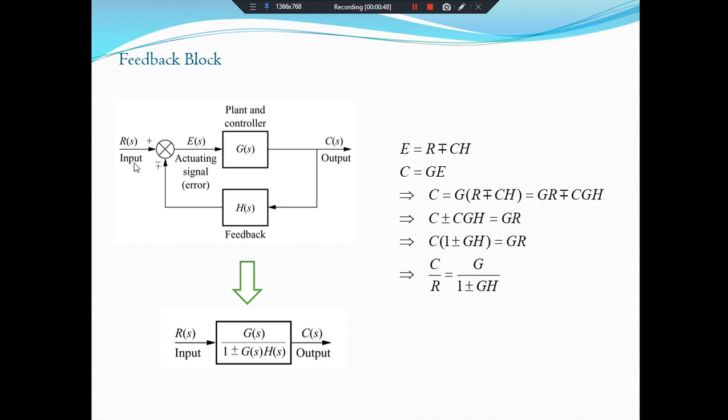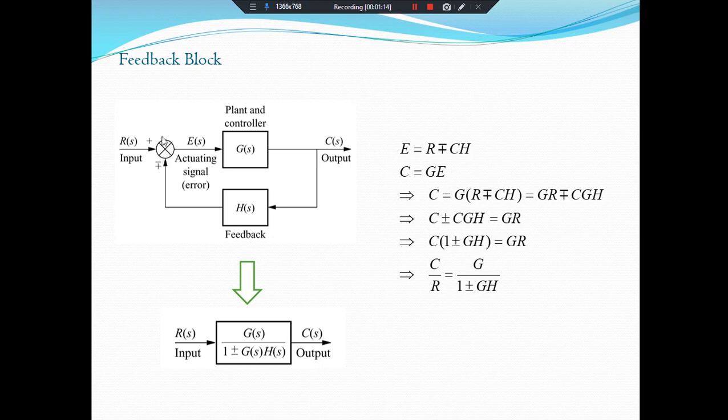So here is the input, and here is the actuating signal or error signal. As you know, the actuating signal or error signal is the difference between the input and the feedback. The error signal will be equal to R of S, our input, and that will be added or subtracted depending upon whether the feedback is positive or negative.